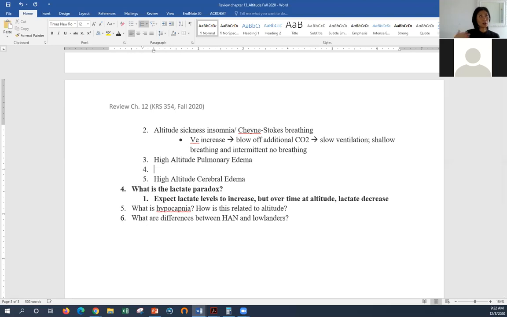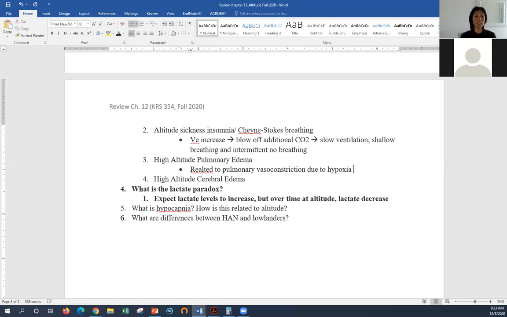So the two more serious altitude illnesses are high altitude cerebral edema and pulmonary edema, with cerebral edema being the more dangerous of the two. Pulmonary edema is related to the pulmonary vasoconstriction due to hypoxia in the blood.